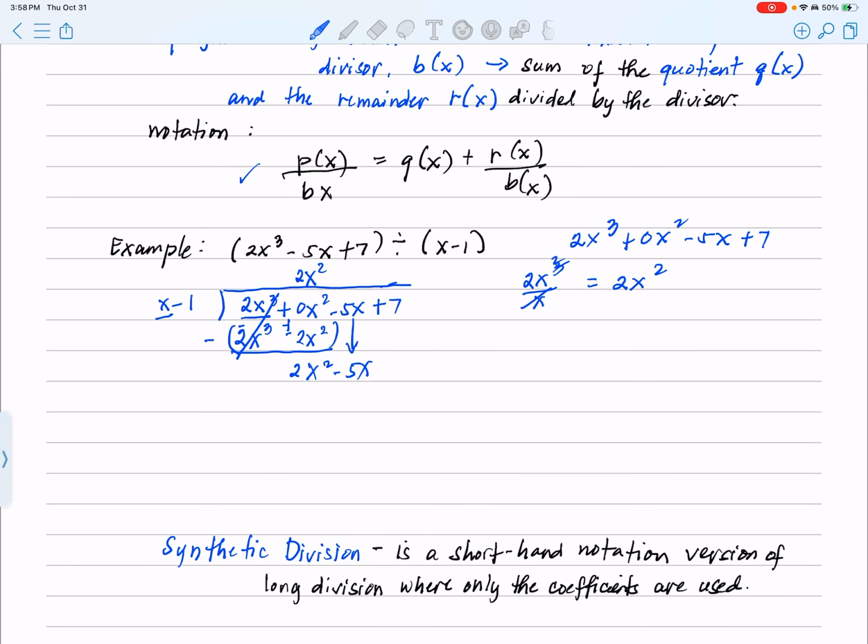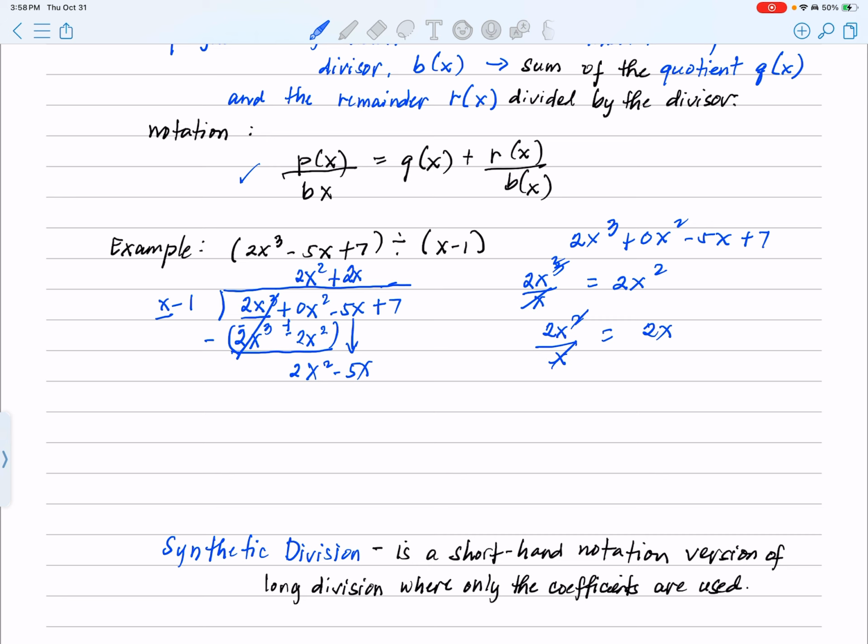Repeat the first step. Our first term now would be 2x squared. We divide that by the first term of the divisor, x. 2x squared divided by x would be 2x. Write down the 2x at the top of negative 5x.